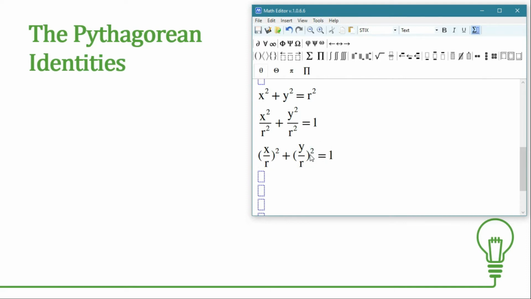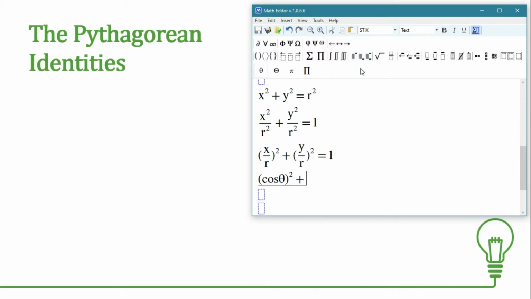Now, based on our definition of trigonometric function, we can replace x over r and y over r. Since x over r is defined as the cosine function of the angle, we can rewrite the square of x over r as the square of cosine theta.